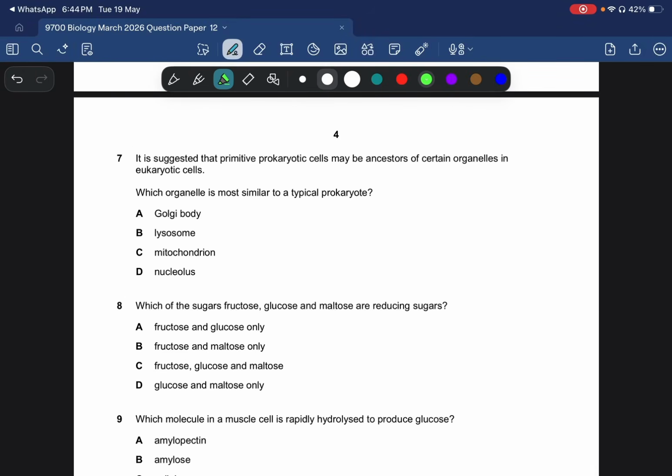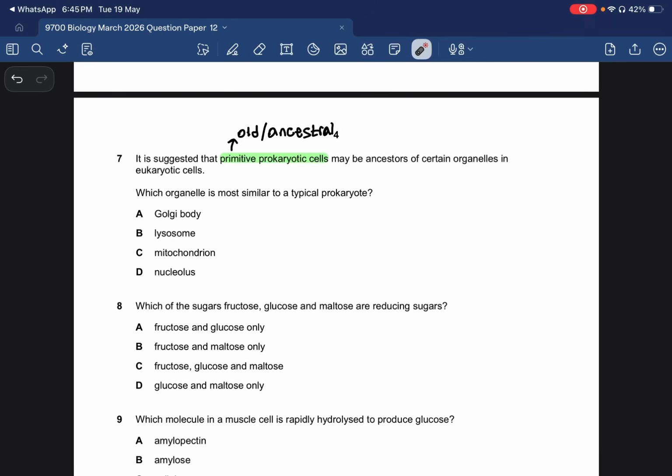Okay, part 7. It is suggested that primitive prokaryotic cells, what does primitive mean? Primitive means old, or you could say ancestral. As soon as they use the word primitive, you can feel it's going to be related to the endosymbiont theory. It is suggested that primitive prokaryotic cells may be ancestors of certain organelles in eukaryotic cells.